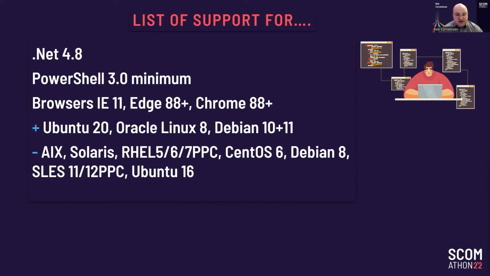So this list includes AIX, Solaris, Red Hat 5 and 6, and the Red Hat 7 PowerPC. The normal version of 7 is still supported, by the way. We also see CentOS 6, Debian 8, and again the PowerPC version of 7, and finally Ubuntu 16.